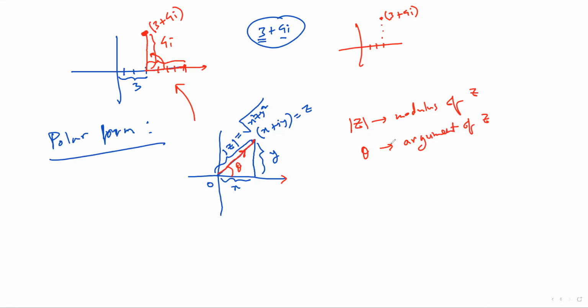And for some reason, in the old books, I have no idea why, this is alternately called the amplitude of z, which makes no sense to me because amplitude resonates more with the term modulus. If this was alternately called amplitude, I would be okay with it. But somehow, argument used to be called amplitude in the old books.